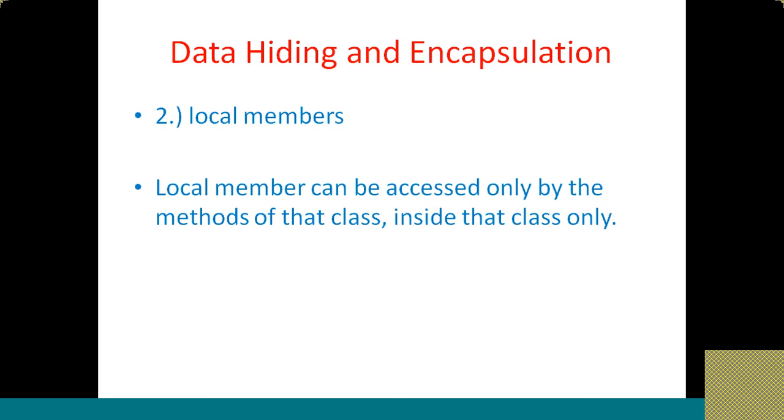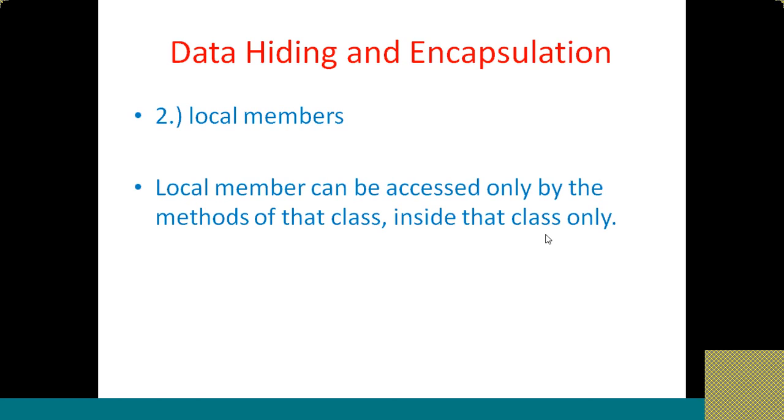Now I will come to the local members. So local members can be accessed only by the methods of the class, and these members can be accessed only inside that class. So only the same class method can access the local member of the class. So outside of that class, local members are not visible.